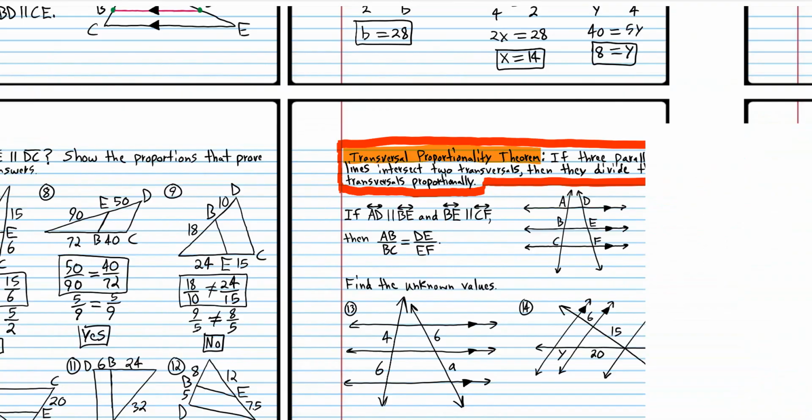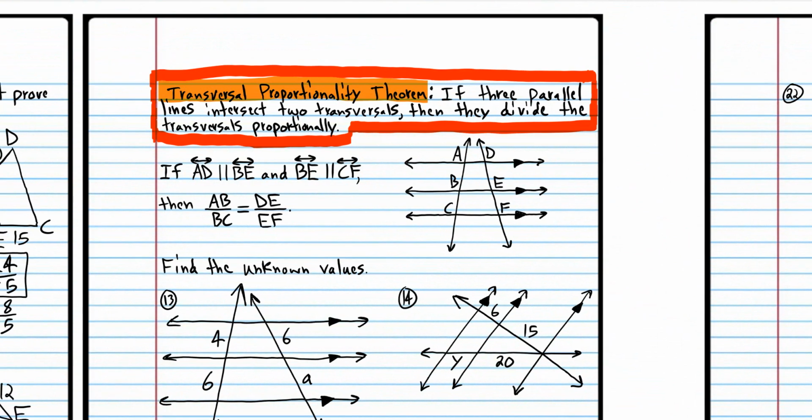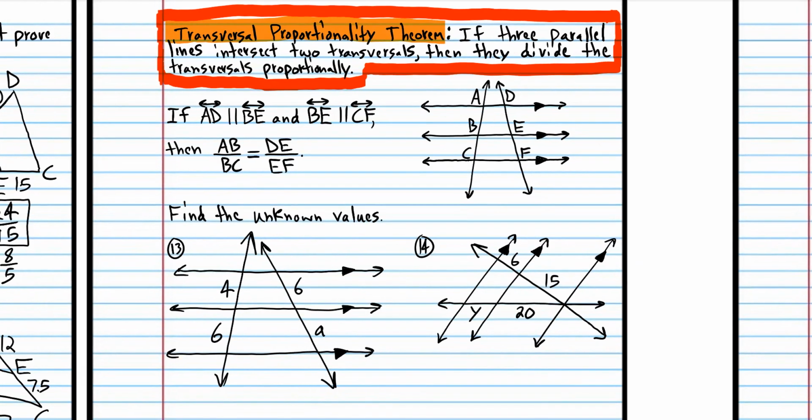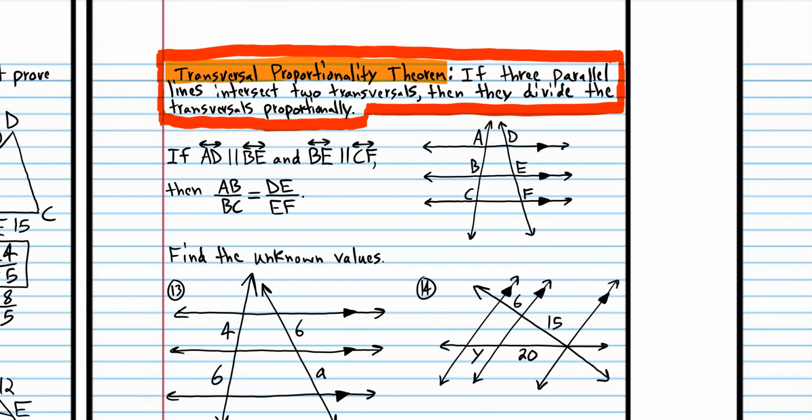Now we're going to go to a different theorem. It's called the Transversal Proportionality Theorem. What this theorem tells us is that if two transversals are cut by 3 parallel lines, so there are 2 transversals, one here, and they're cut by 3 parallel lines, then the transversals are divided proportionally.